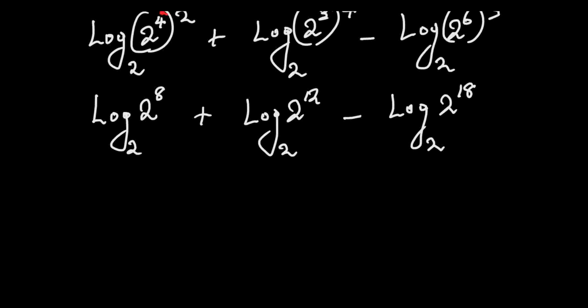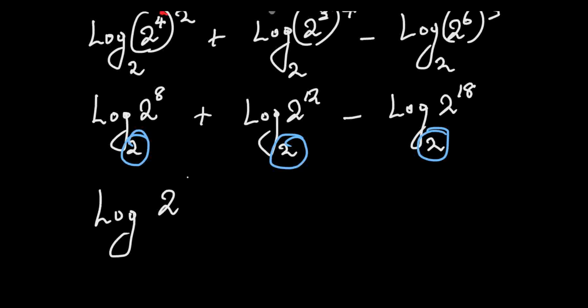So at this point, because we have the same base, we can simply write this as a single logarithm expression. So this will become log 2 to the 8th power.